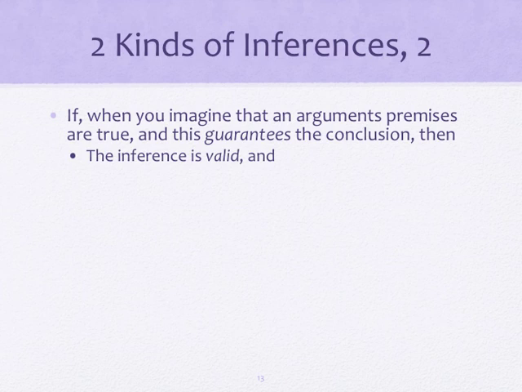Valid means that when you imagine the premises are true, even if they're false, or even if they are true, in other words, if the premises are or were true, that logically guarantees the conclusion. If that's the case, then the argument is valid. And then we know it's deductive.